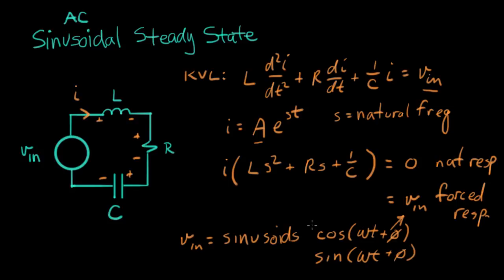Any waveform of this form is called a sinusoid. Sinusoid is the general name for cosine and sine and signals that look like that. Because we don't want this math to blow up on us with a general input, we're going to develop a really elegant way to solve circuits where we limit ourselves to sinusoidal inputs. We'll take a pause right here and continue in the next video to introduce the idea of sinusoidal analysis.